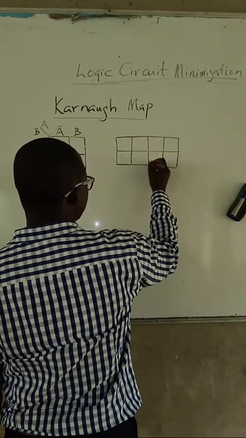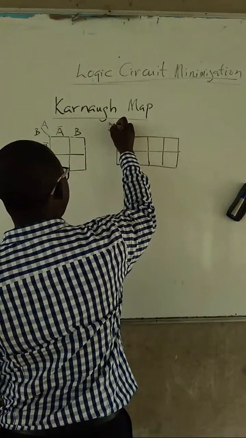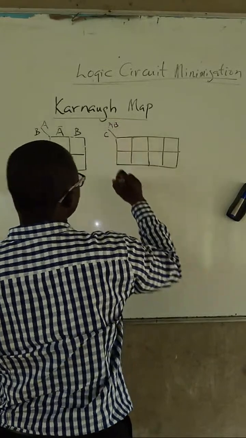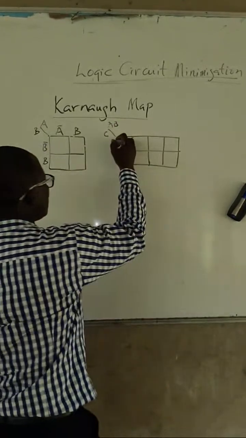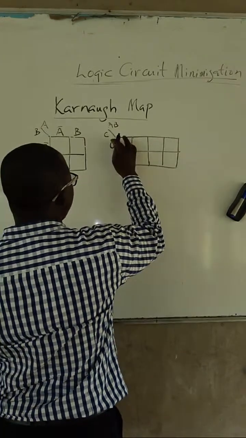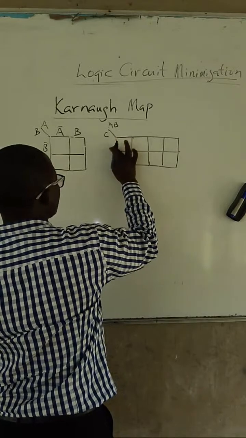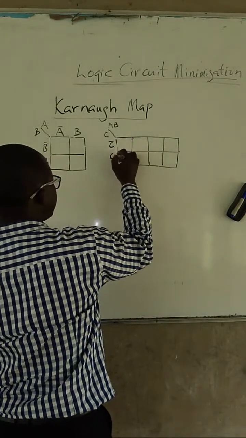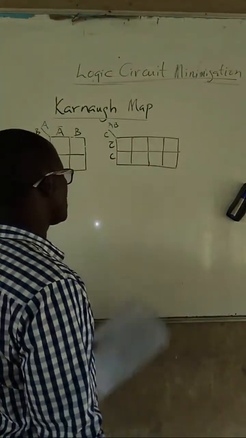So we have 8 cells here, whereby we have AB on this side, and C on this side. For the C, we're going to have 0 and 1, that is C bar and then C.